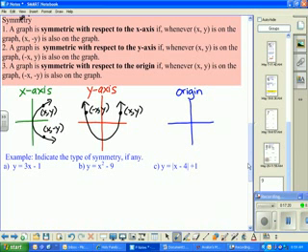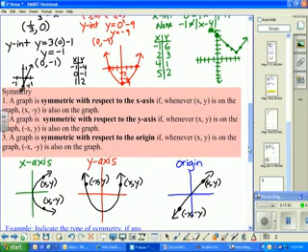So if I were to fold along both sides, so we'll just go with the easiest one that comes to mind. So if you were to fold on both axes, it would line up. So we want to talk about the type of symmetry. We're going to start with that middle one.